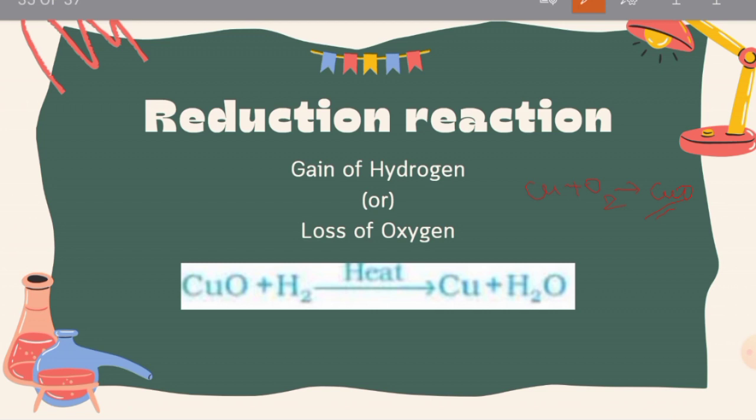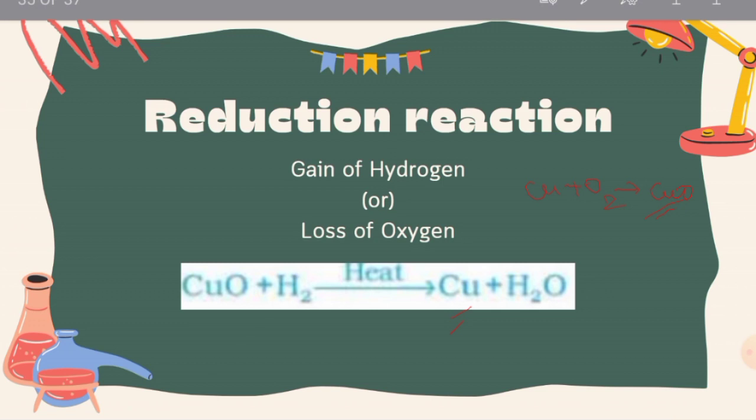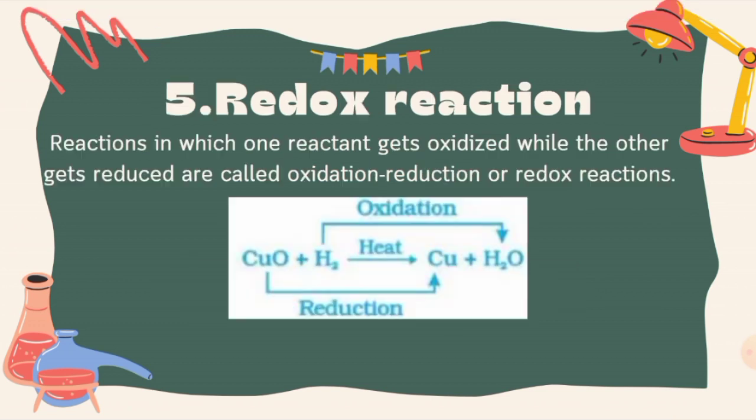I'm getting my reactant back, right? Here the loss of oxygen is very clear for copper oxide. That's why it is a reduction reaction. Remember this. Now we'll move on to redox reaction.